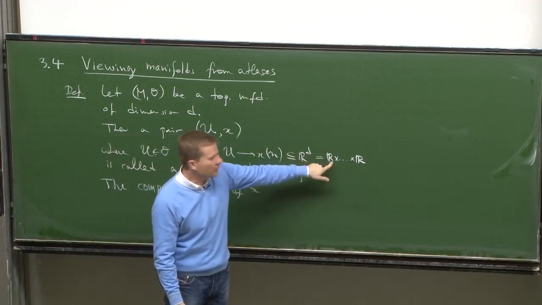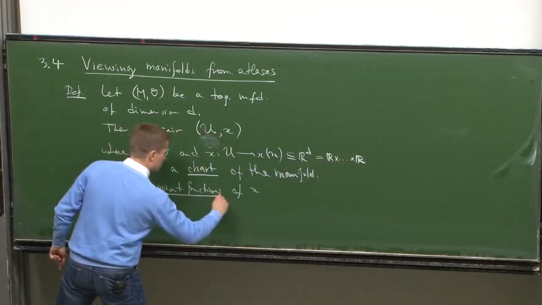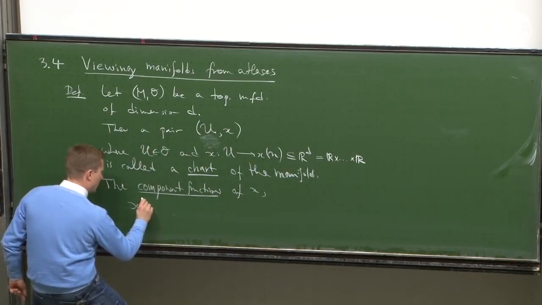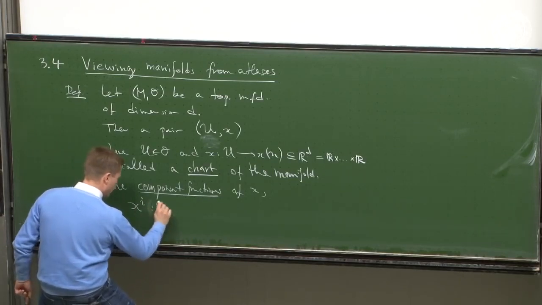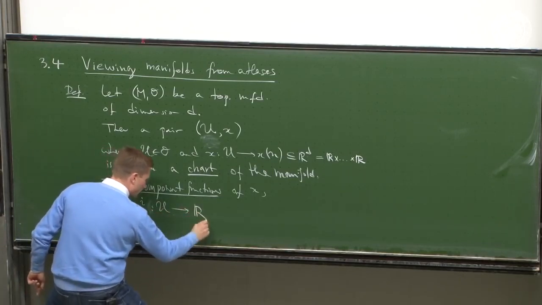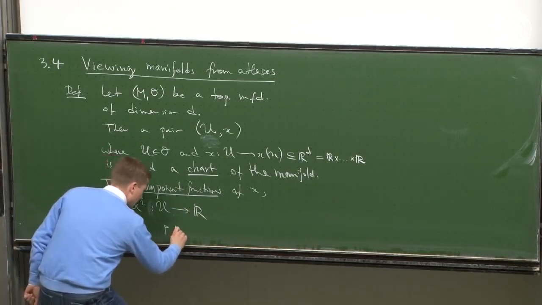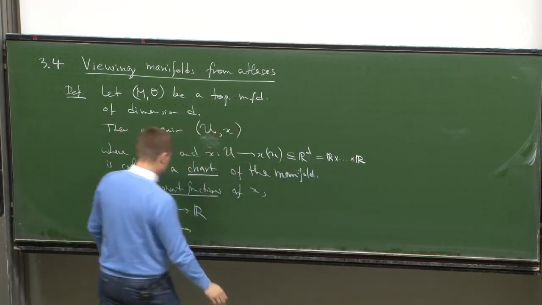What's the result in the first entry? What's the result in the second entry, and so on? So the component functions of x, these are the maps, let's call them x^i, that go from U now only to the real numbers, and are defined as taking a point p and mapping it to the ith component here.